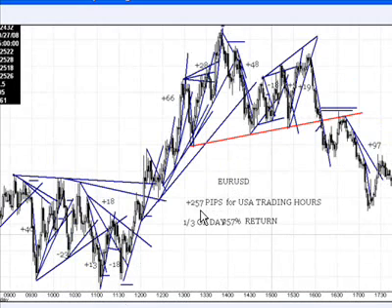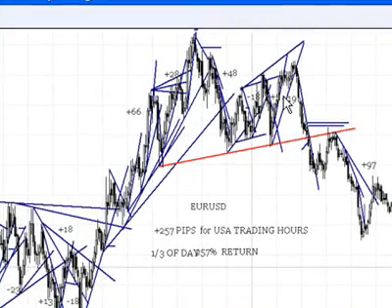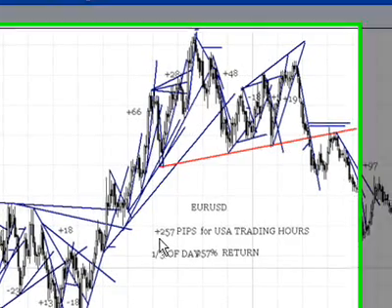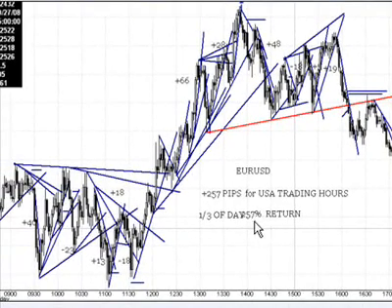Let's move on. Now, look at this. This is the 27th, and some nice moves during the day. We started here at 9 to 9:30, and we traded all the way till about 5. That's 257 pips.